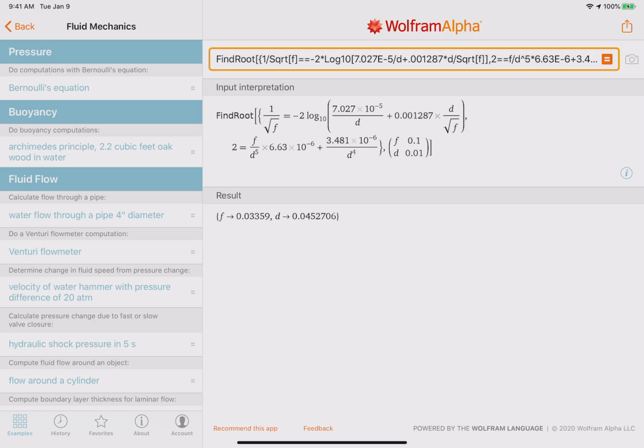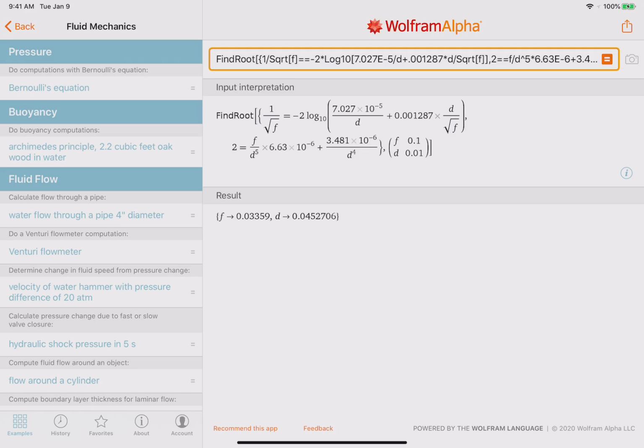Okay, and so here, unless you get some sort of error, always check the input interpretation box and make sure that the equations are exactly the equations that you are trying to solve.